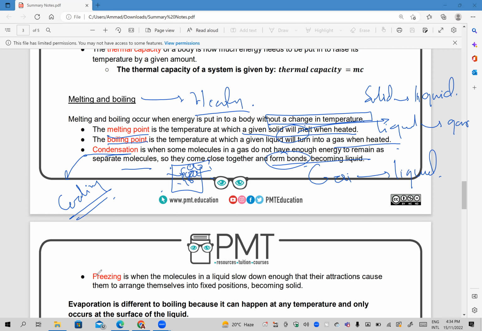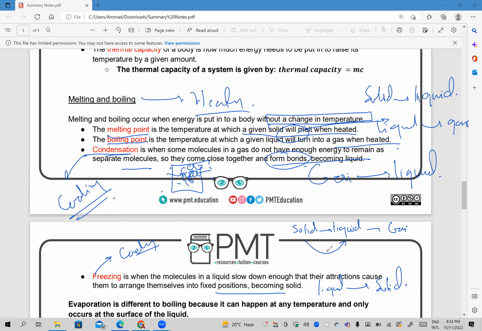Similarly, freezing. Freezing is also a result of cooling. When molecules in a liquid slow down enough that their attractions cause them to arrange themselves into fixed positions, they become solid. So liquid to solid is freezing. If we simplify all of this, you have a solid turning into a liquid and a liquid turning into a gas.